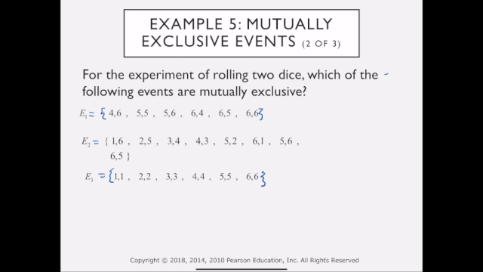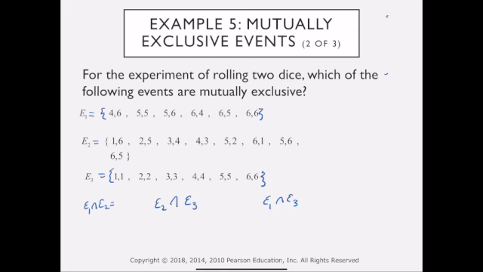Okay, so let's look at the possible intersections of these sets to figure out which, if any, of them are mutually exclusive. So I need to look at E1 and E2, E2 and E3, and E1 and E3.